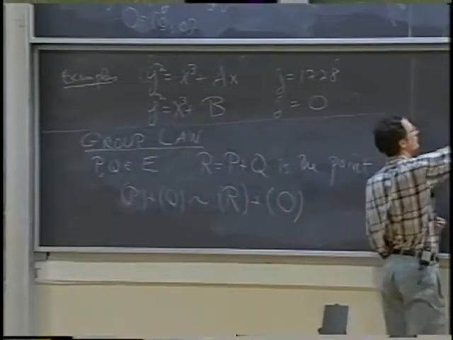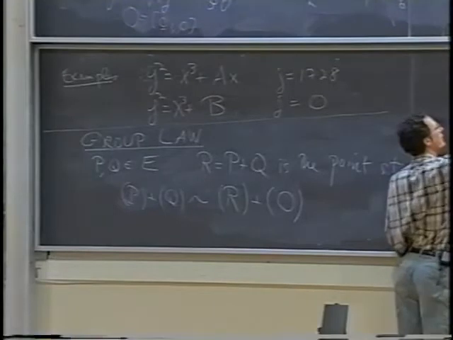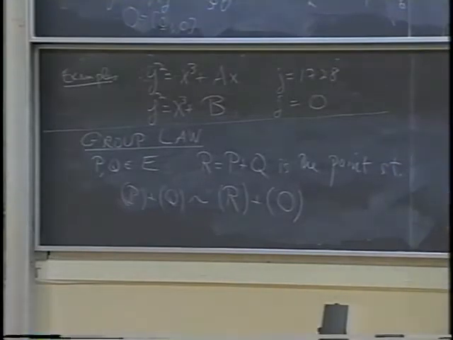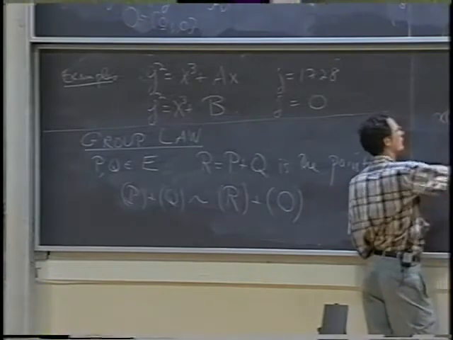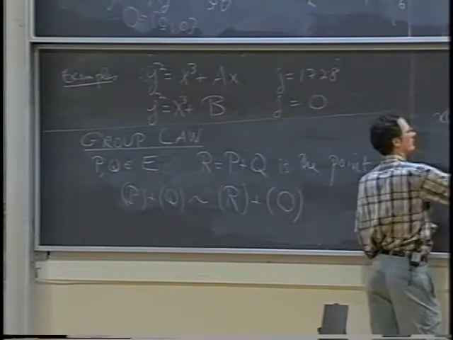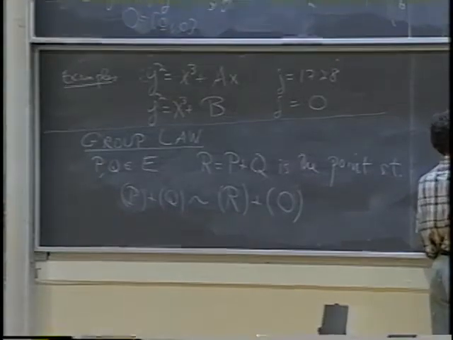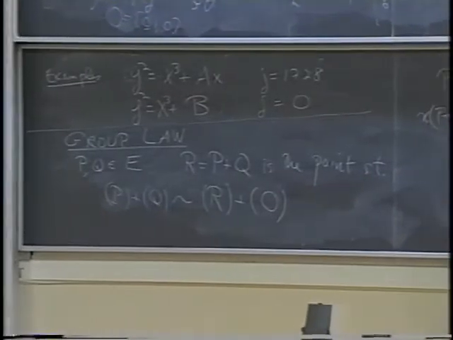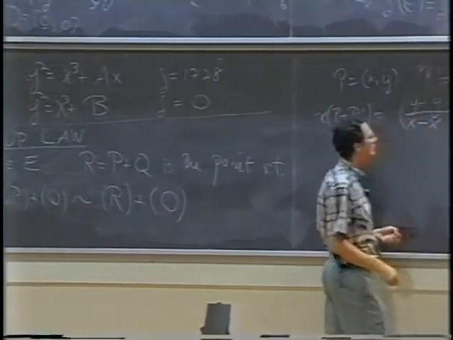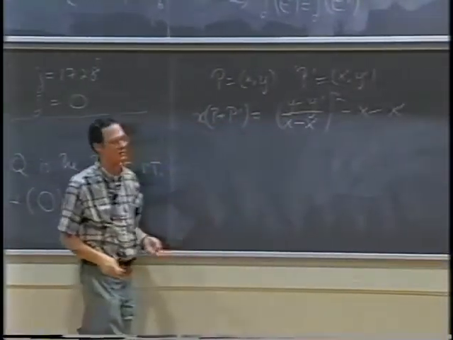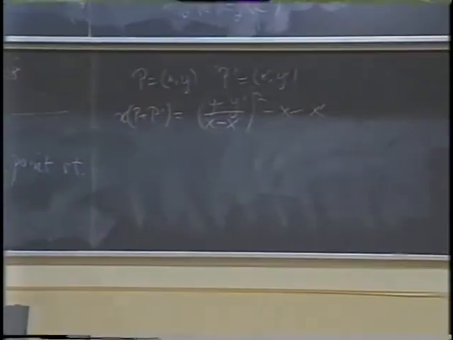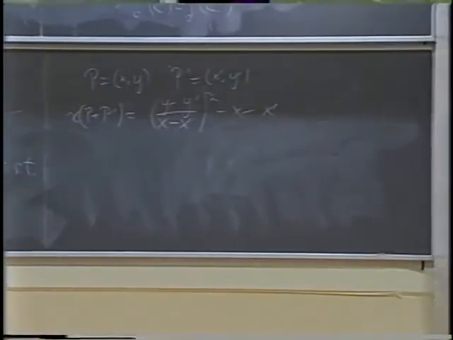So let me just put a couple equations down. If p is (x, y) and p prime is (x prime, y prime), then the x coordinate of the sum is given by ((y minus y prime) over (x minus x prime)) squared minus x minus x prime. Of course, if you get infinity here, then it's the point out at infinity, which is the origin.